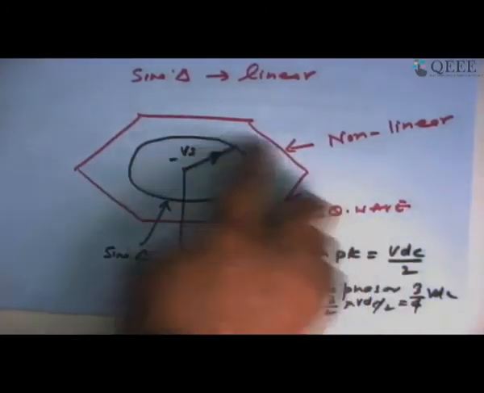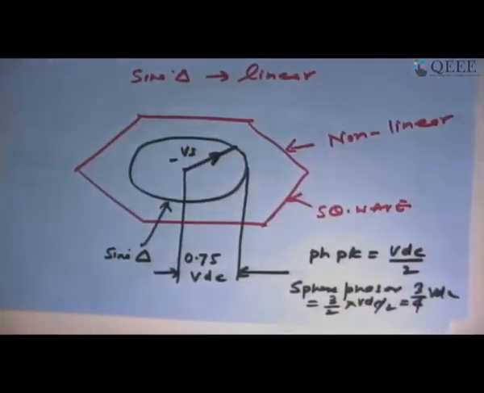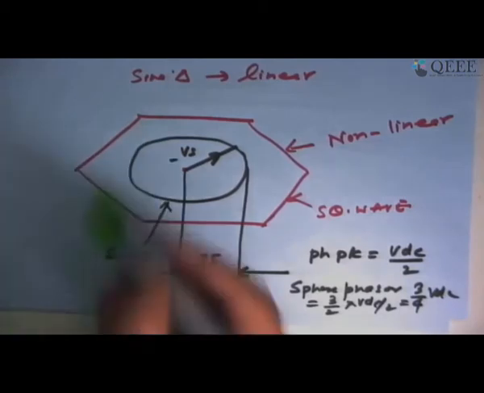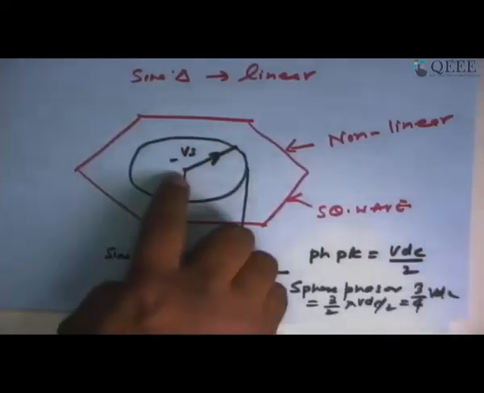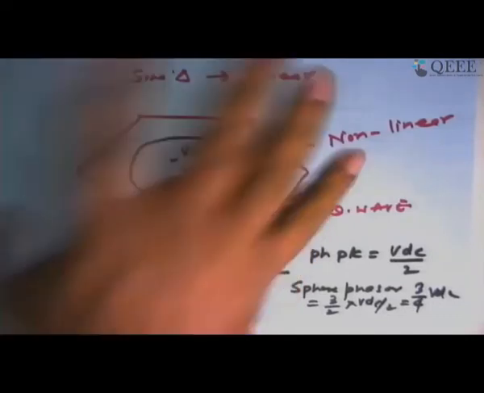So between sine triangle modulation and square wave modulation, there is a region still to be explored. What about that area? Can we reach this area from any other point of view, from any other modulation technique? The answer is yes. There is one modulation technique which can cover the total region, right from 0 to the full hexagon.